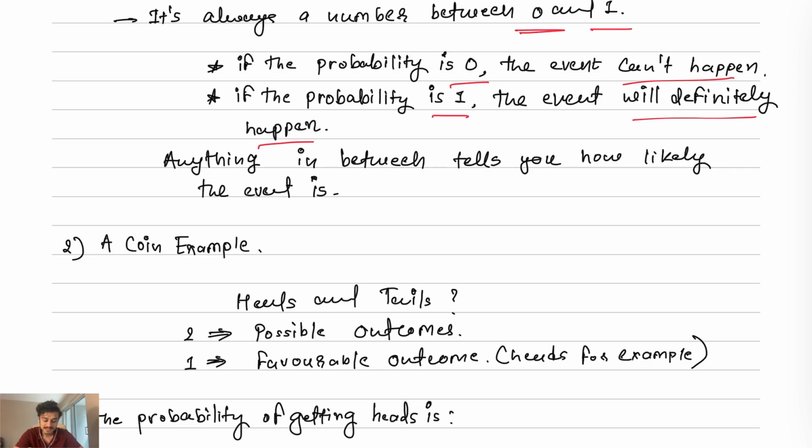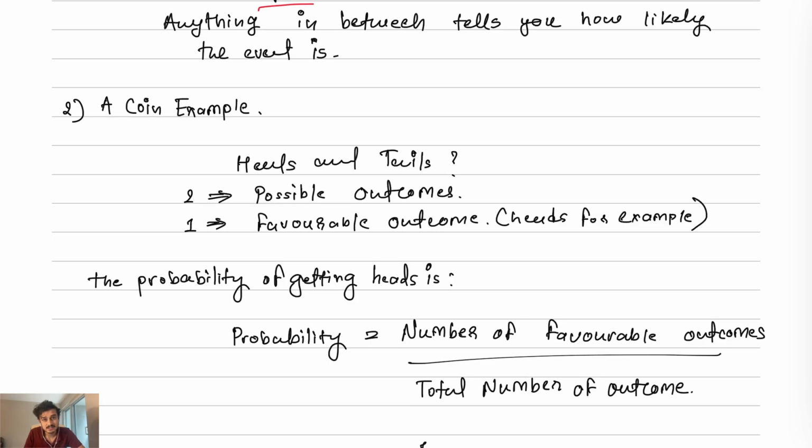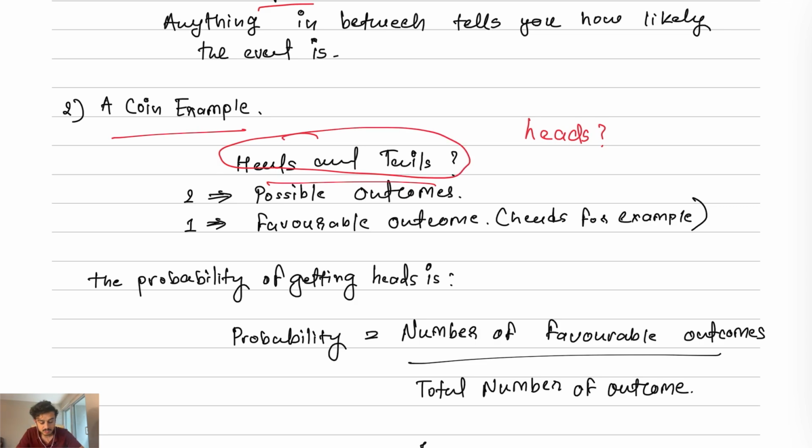So here is our second point. Now let's understand the concept of probability with a coin example. A coin has two sides, heads and tails. When you toss it, what are the chances it lands on heads? This is our question. We want to find the chances of getting heads, right? So these two are the options which we get when you toss a coin.